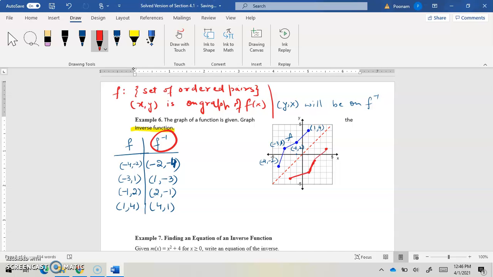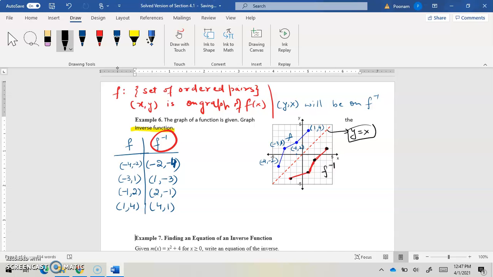Now if you notice, this new red curve is the curve of f inverse. If you notice here, f and f inverse are mirror images in this red given line, right? This red line is the equation y is equal to x.